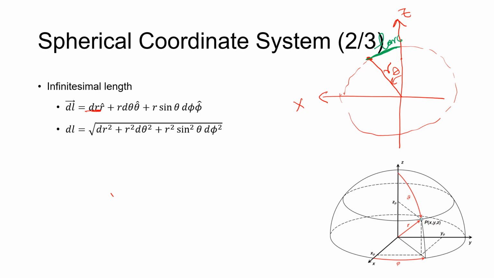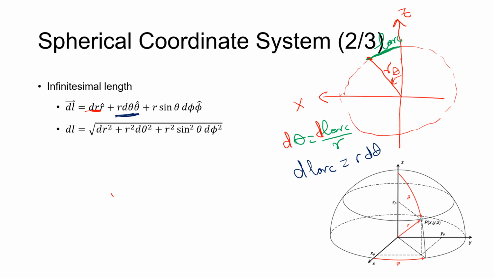Then simply our theta can be defined as L arc divided by r. Then we can find dtheta from this relation by differentiating both sides. Finally, our dL arc will be equal to r d theta, and this is what you can see here.